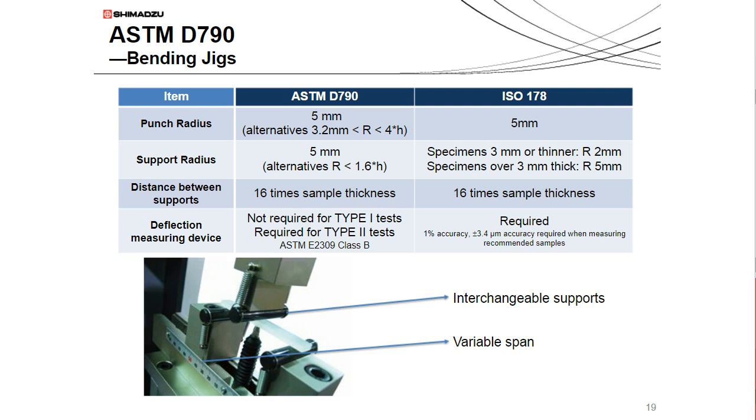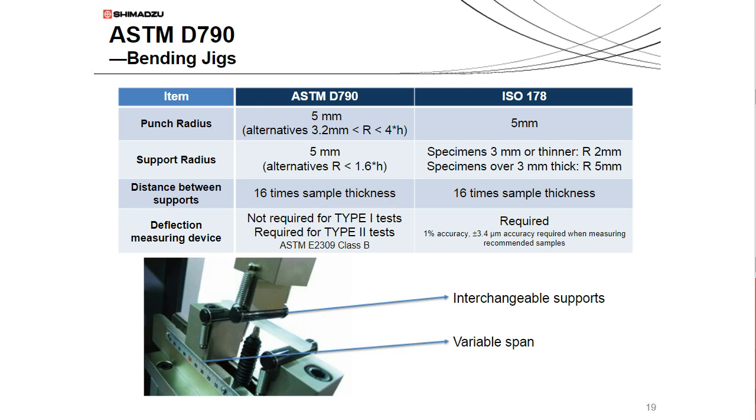This is important because it changes how force is concentrated on the specimen surface, with larger punches being used to reduce the compressive forces that are being localized on the surface of the sample. ASTM suggests a standard radius of 5 millimeters for the punch and supports, but it does provide alternative options.